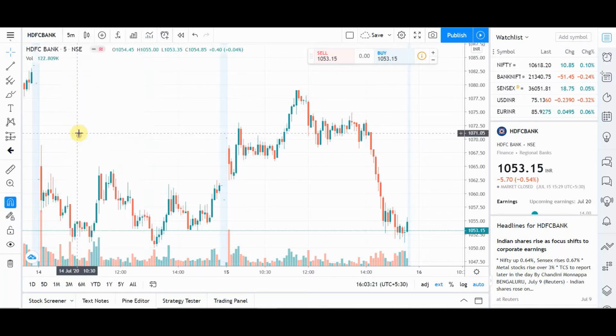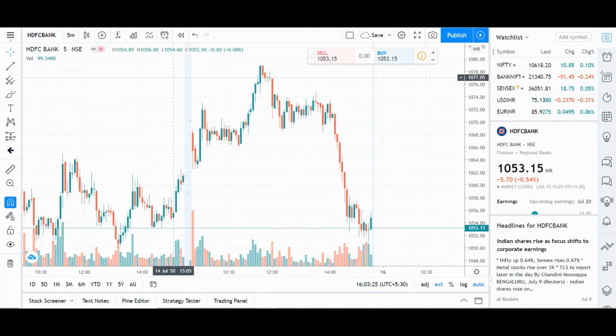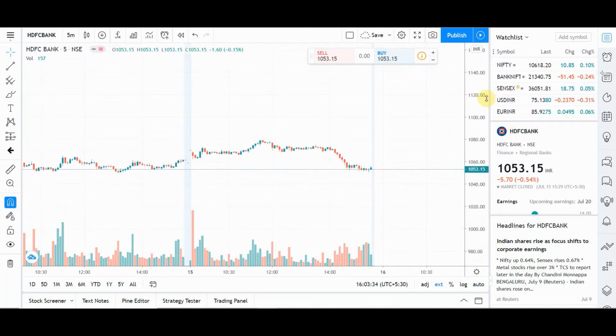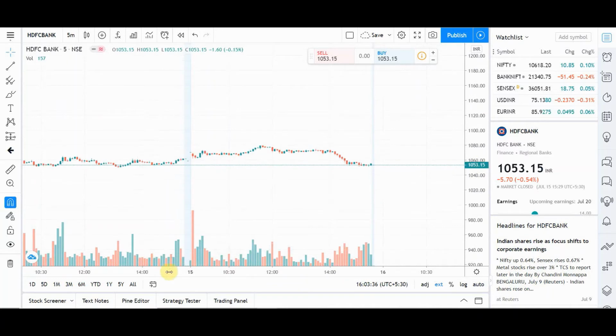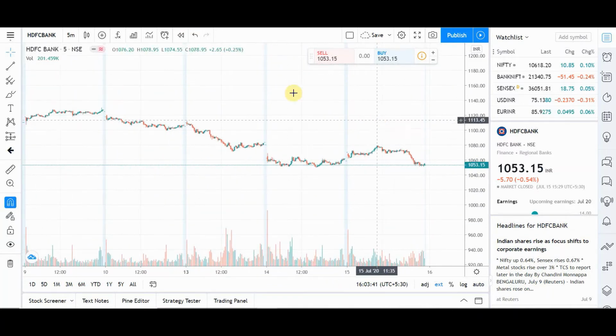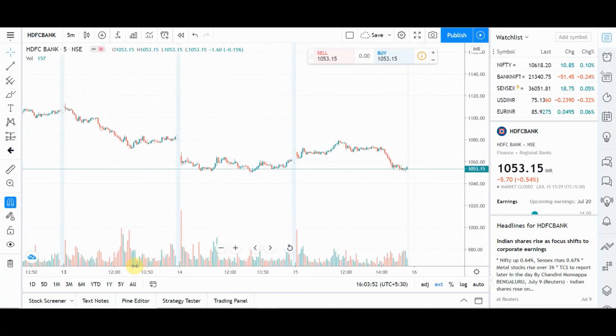So we can change into a 5 minutes candlestick chart. Here the candlestick chart is loaded, and some people may face a problem that when opening the chart it will be like this, all facing some problem. So you will think why this chart is like this and how we can analyze it. By clicking the arrows here on the value side, we will click the arrows and adjust the chart according to our opinion.